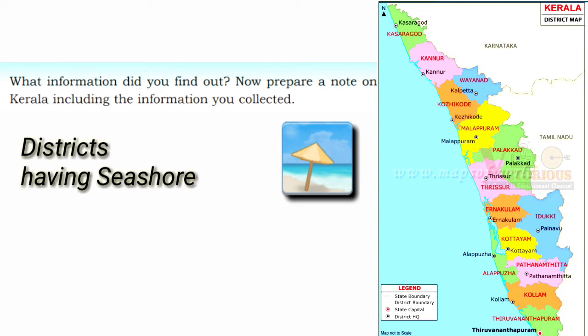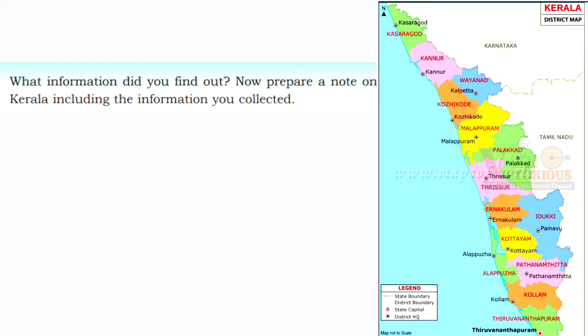Now prepare a note on Kerala, including the information you collected. So we can say that in Kerala there are how many districts? In Kerala there are 14 districts. They are Trivandrum, Kollam, Pathanamthitta, Alappuzha, Kottayam, Idukki, Ernakulam, Thrissur, Palakkad, Malappuram, Kozhikode, Wayanad, Kannur, Kasaragod. Can you say the capital? Yes, the capital of Kerala is Trivandrum.